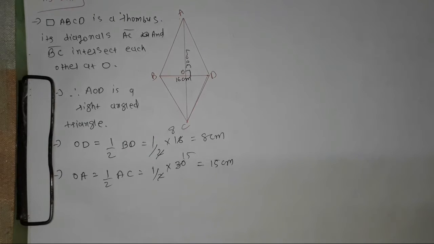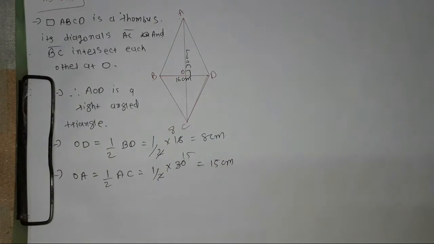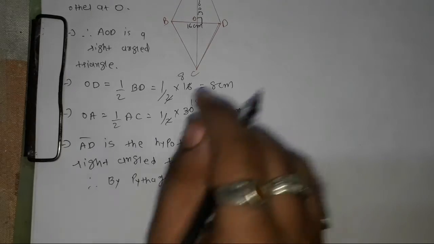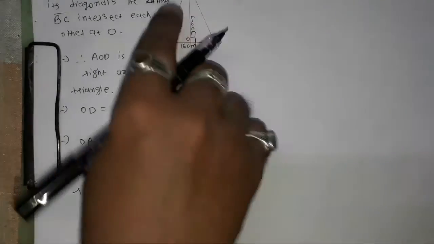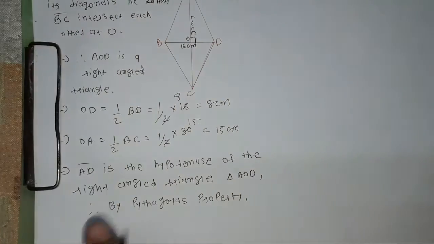Now we all know by the Pythagoras property, the hypotenuse square is equal to the sum of squares of the legs. From there we'll get the measure of this side, and the remaining three sides are equal, and from there we can find the perimeter of the rhombus. Line segment AD is the hypotenuse of the right angle triangle AOD. Therefore, by the Pythagoras property, AO square plus OD square is equal to the hypotenuse square AD square.